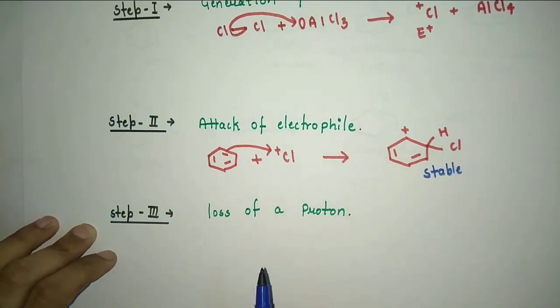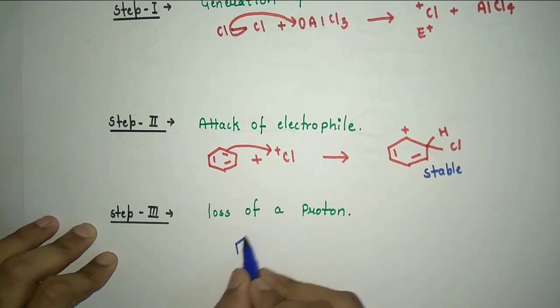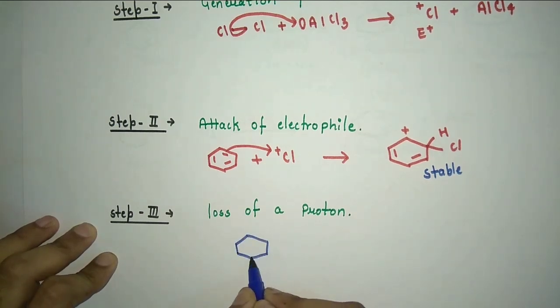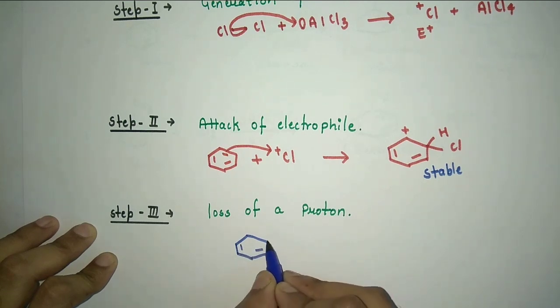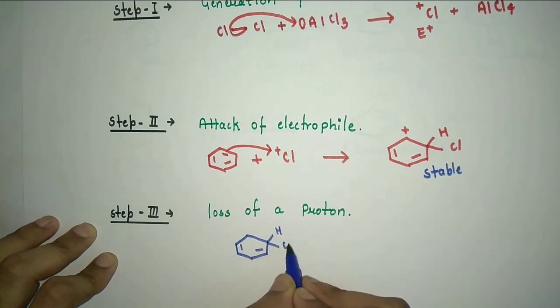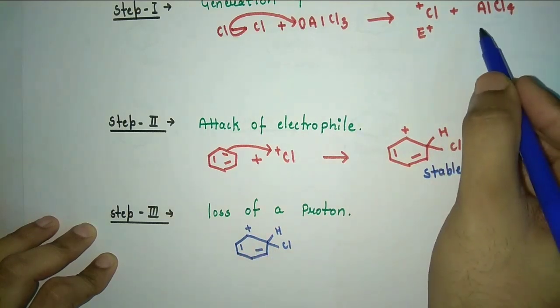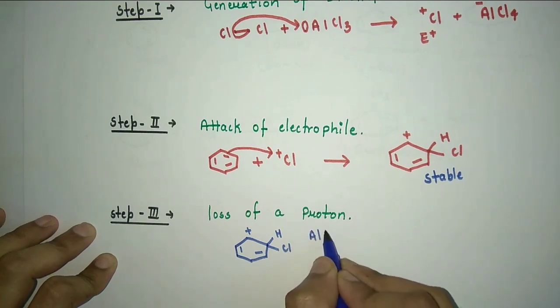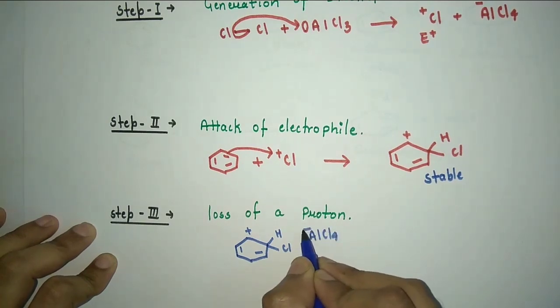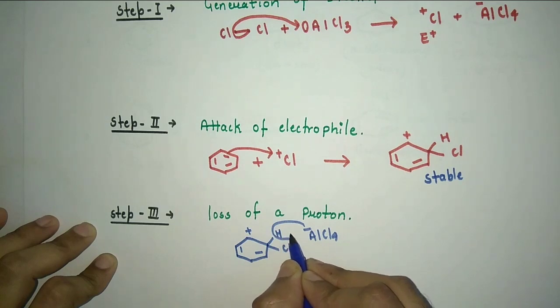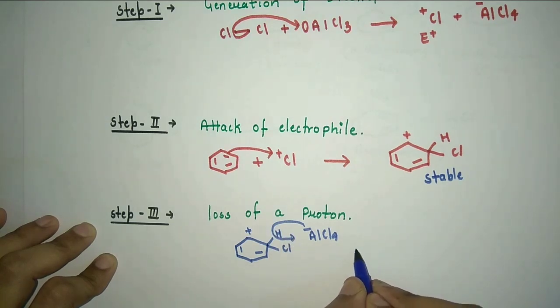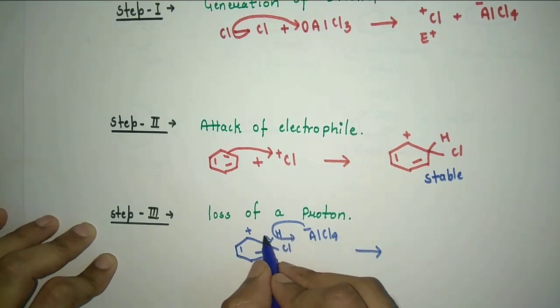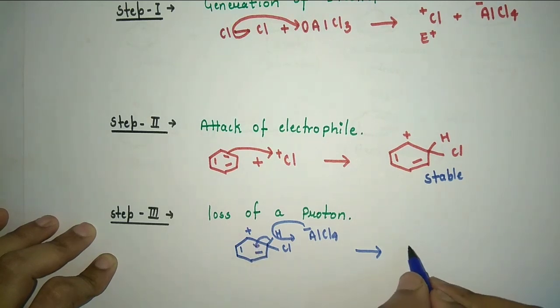What happens in the last step? There is a loss of a proton. This is our species, this is H, this is Cl. As AlCl4 minus is released, it acts as a base and abstracts the hydrogen from this benzene system, and this bond goes to this.